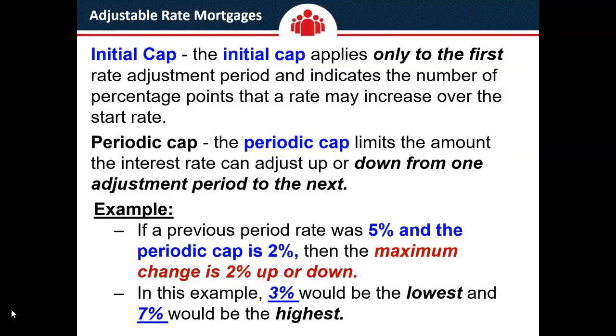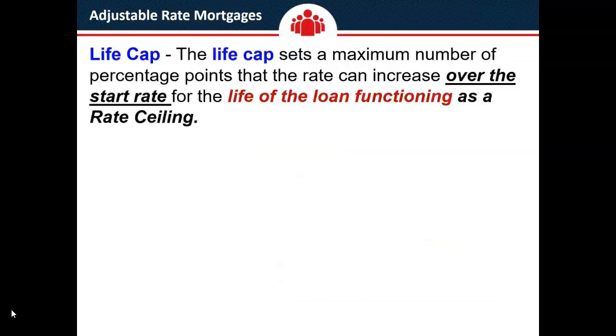So if it's starting at 5%, the lowest the rate can adjust down to is 3. If it's starting at 5, the most it can adjust up to is 7. And at that point, it's capped out. That's what a cap is, the most it can go.